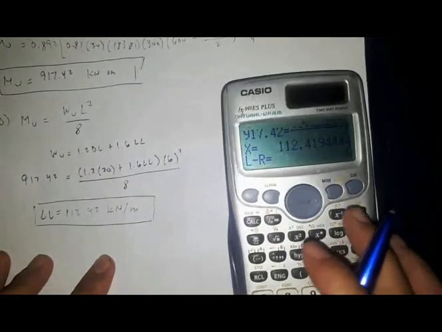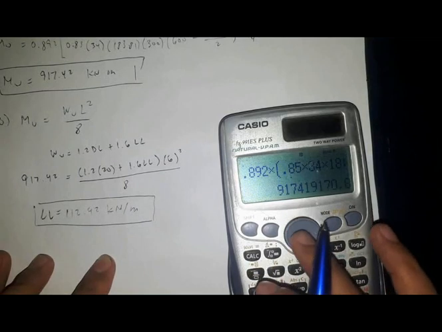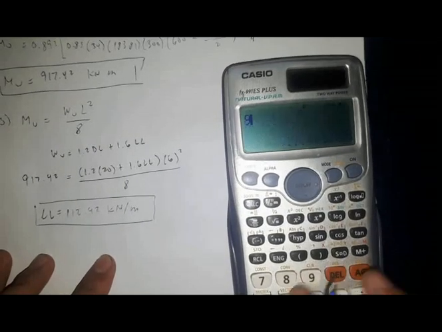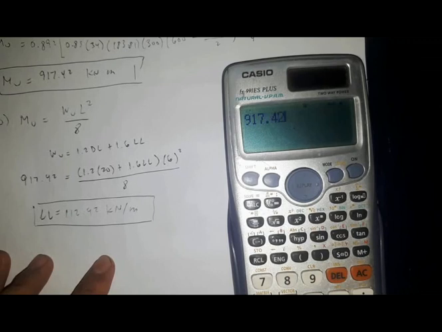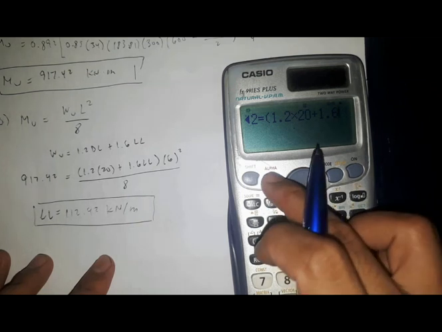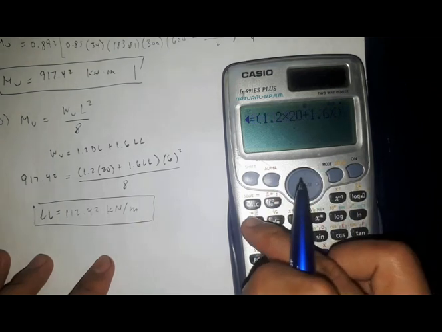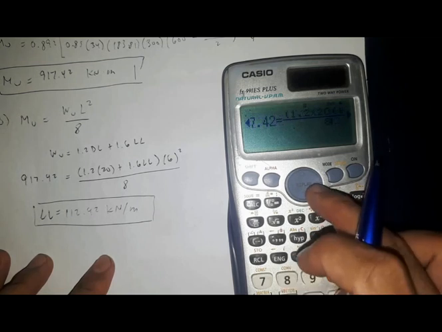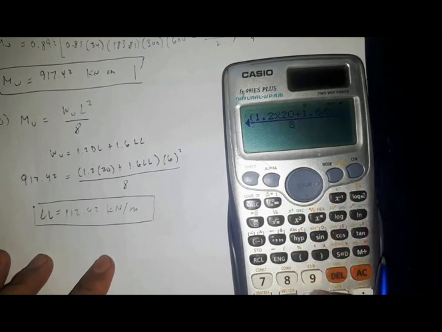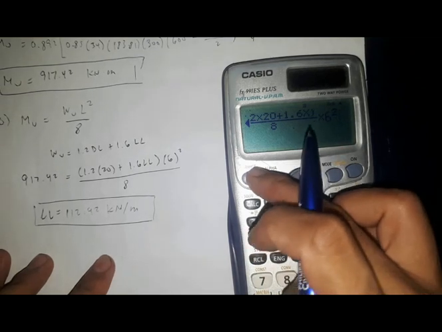Let's check again. 917.42 equals 1.2 times 20 plus 1.6 times x, over 8 times L squared.